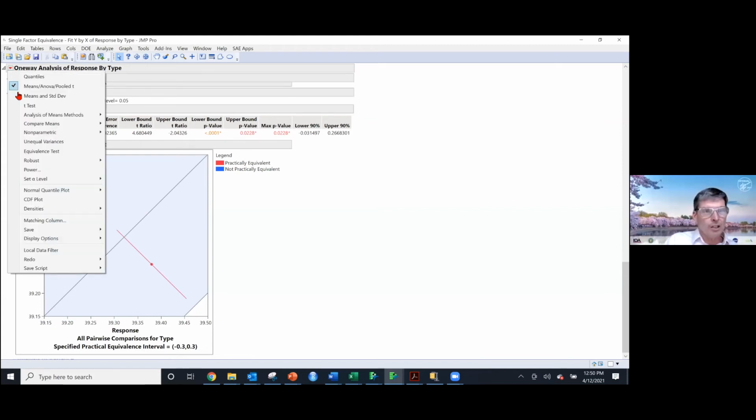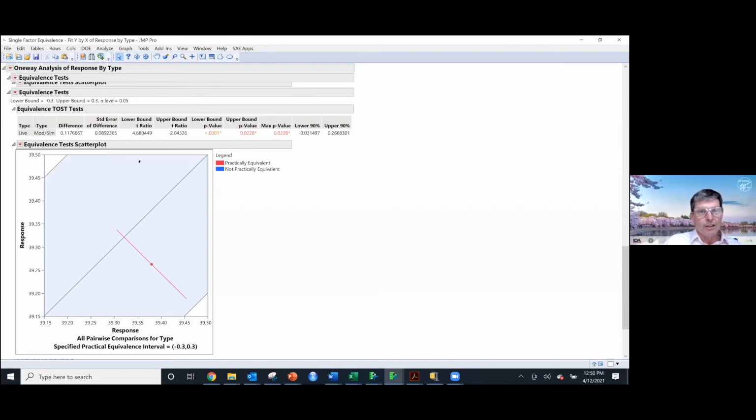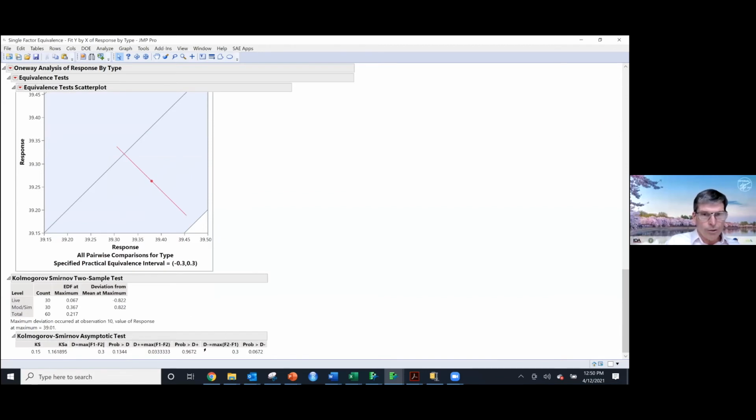Now, we also mentioned that there are many other ways to look at equivalency. Let's see, under compare means, we can do some of these, and under non-parametric is that Kolmogorov-Smirnov test, and we can get that answer right here, where you have your overall p-values and saying, do you have equal distributions here?